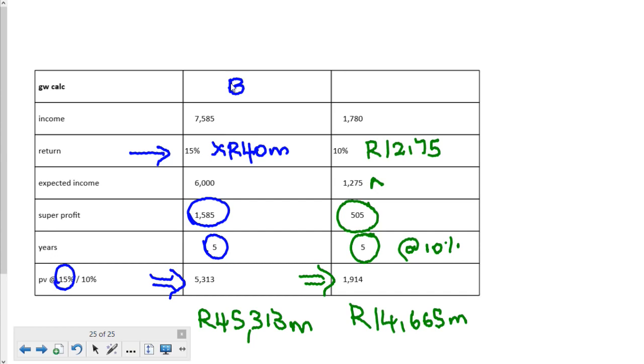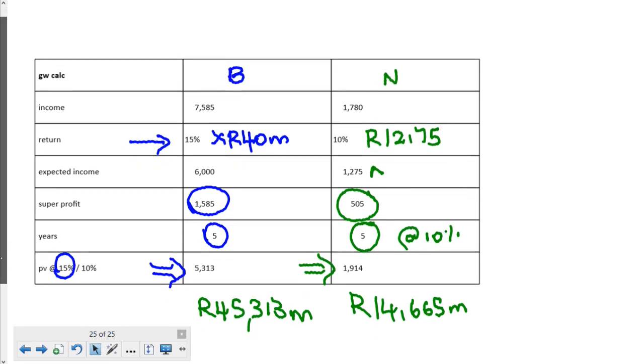Okay, so the market values of PPE were given. They then gave you super profits to work out goodwill. How much extra profit are they making for how long? That's the value of the goodwill. And we now have a value of the assets and goodwill of the two companies.